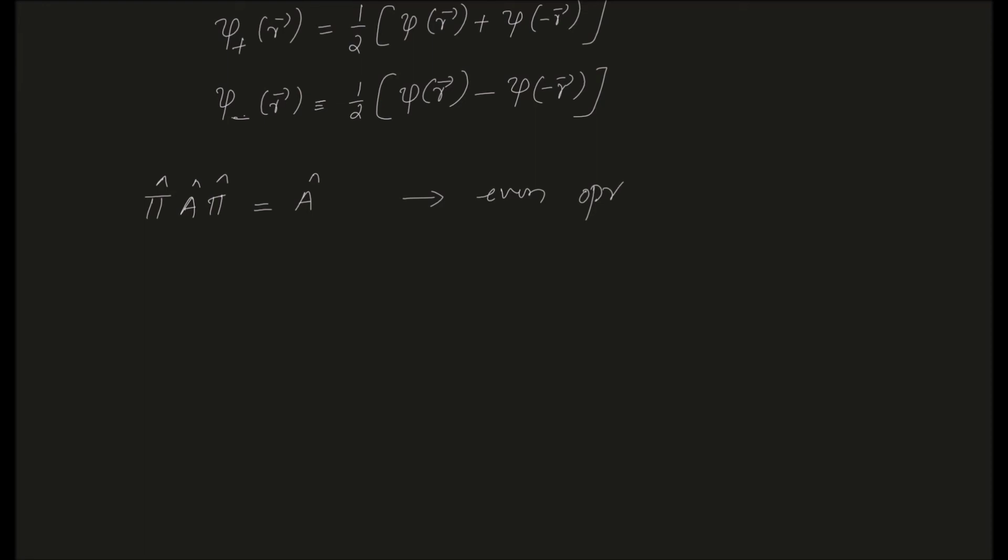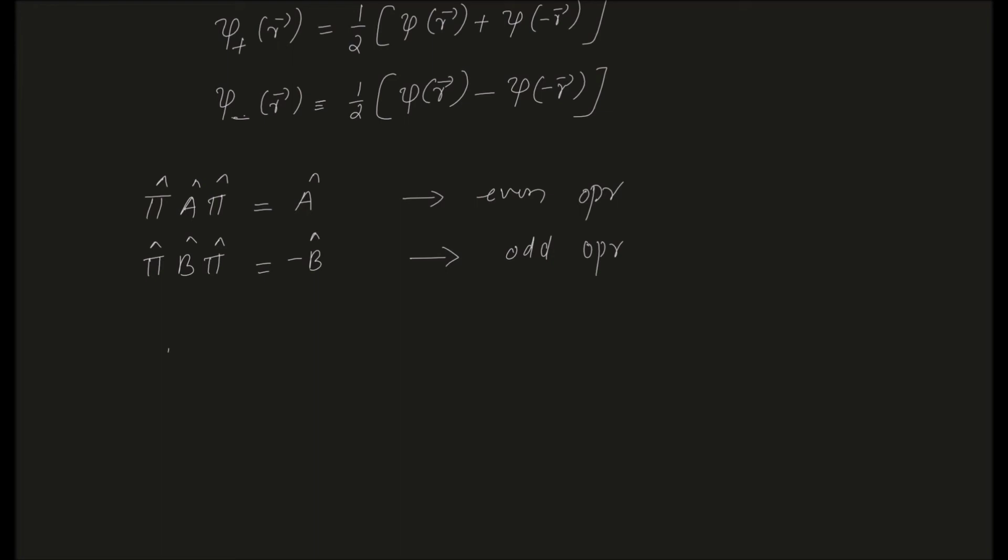And let's say we have another operator B, then if we act pi on both sides and this gives you minus B, then this operator B is said to be an odd operator. So that is the definition of even and odd operators. When we act with the parity operator, if it remains same, then it is an even operator, and if it is the negative of the operator, then such operators are called odd operators.